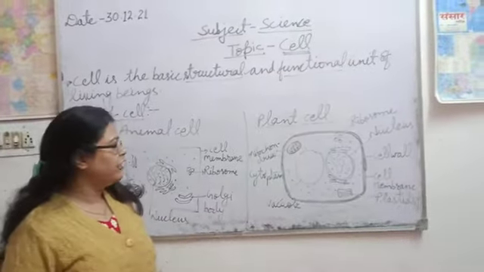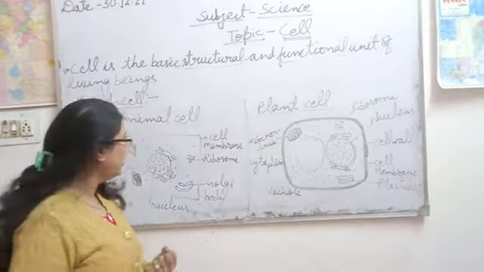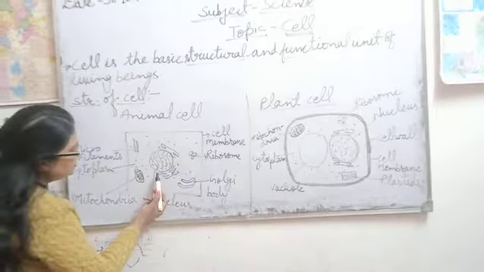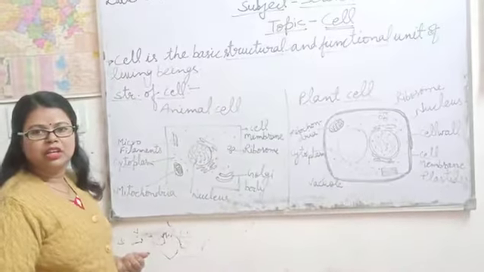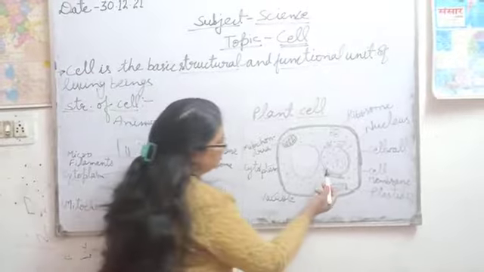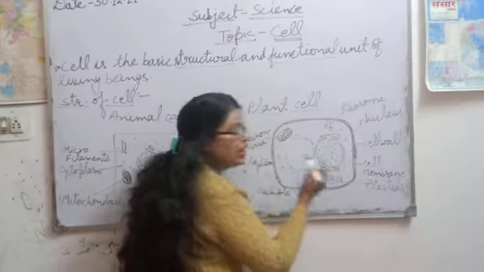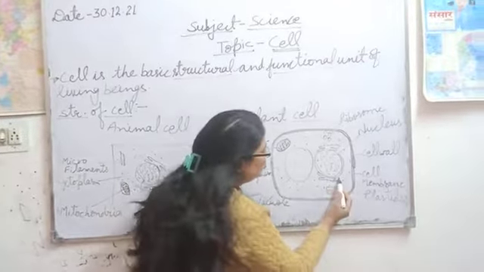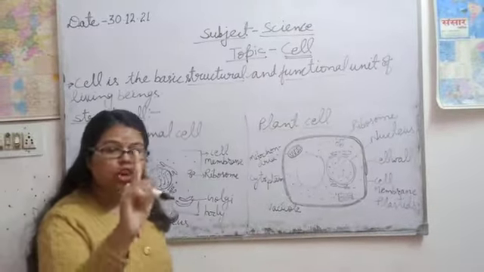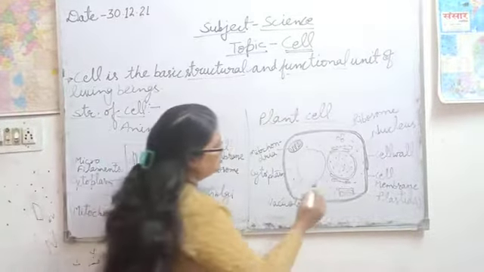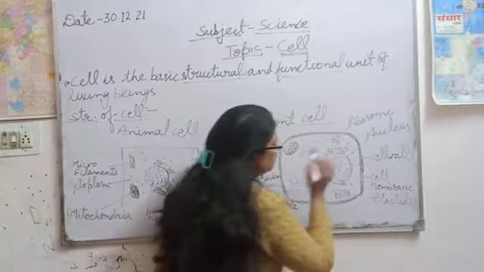But what is the difference? The basic difference is that the nucleus is present in the center of the animal cell. But you can easily see the nucleus of the plant cell is peripheral to the cell. It is not in the center.